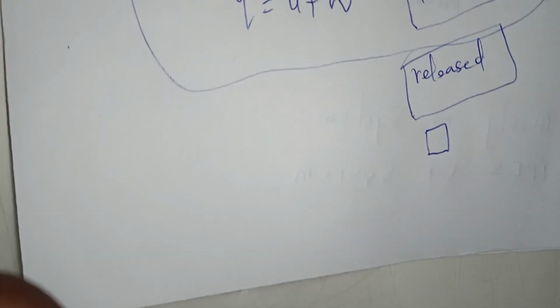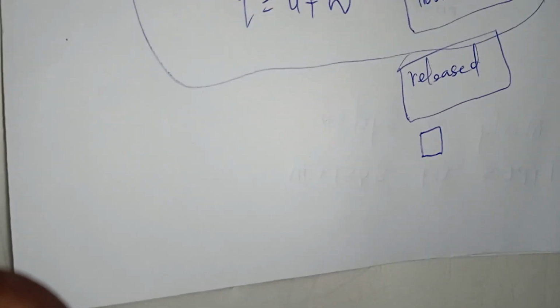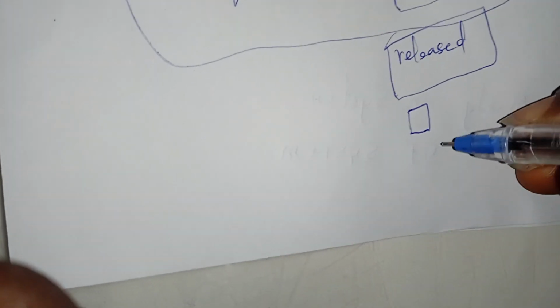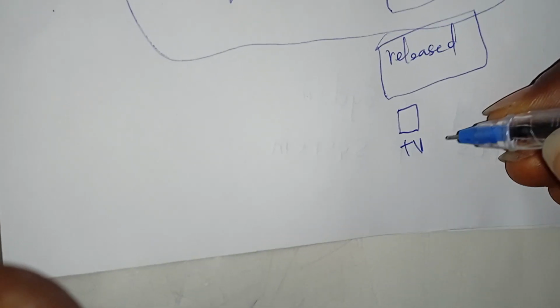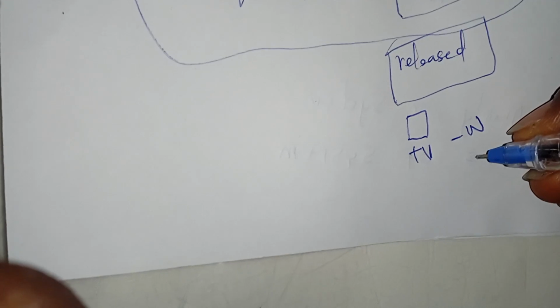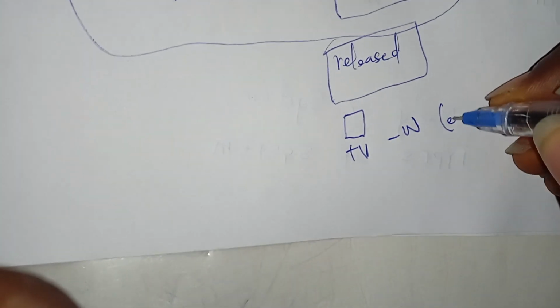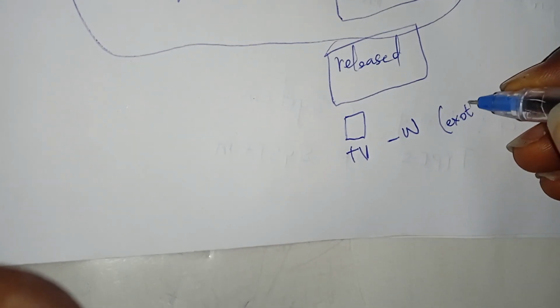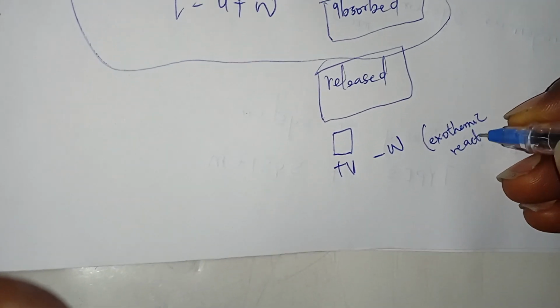It's just like somebody pumping weights at the gym: as you pump, your muscle volume increases. So anytime volume is positive, work is negative. It's doing work, it is releasing energy. Anytime energy is released, be it from the system or the surrounding, we say it's an exothermic reaction.